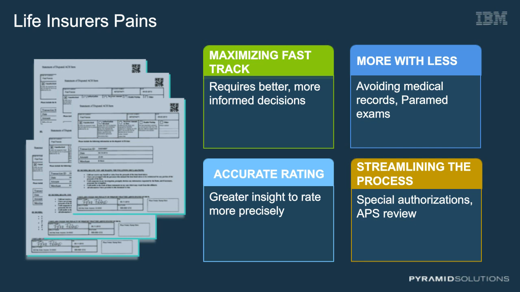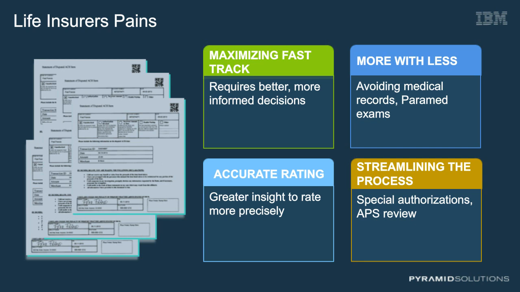And we're seeing that the paramed exams and the attending physician statements, known as APS, are requiring a lot of manual effort for the underwriter to review them and take the time to look at the medical history and determine the risk.